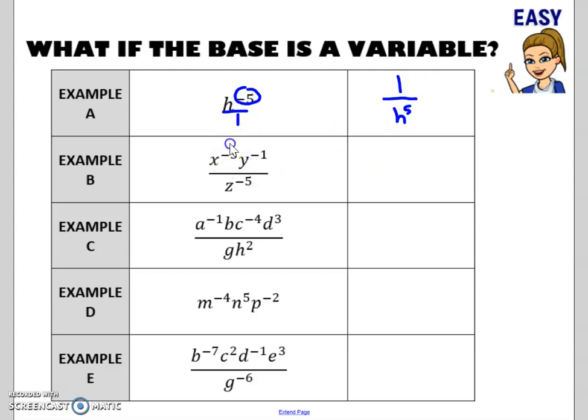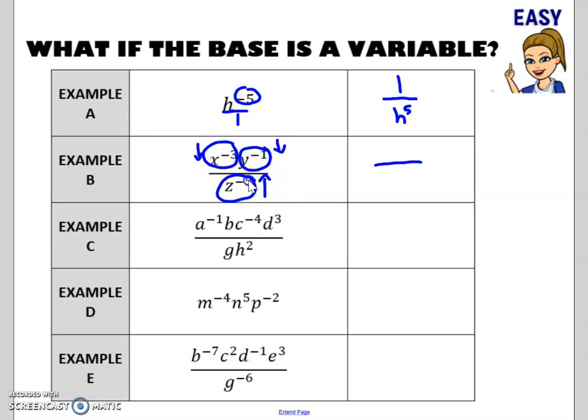Okay, here we go. So take it step by step. I see this is negative, so I know that has to move down. I see this one's negative, so I have to go down. But in the denominator, that z is negative, which means it has to cross the other way. So let's start with what stays up here.